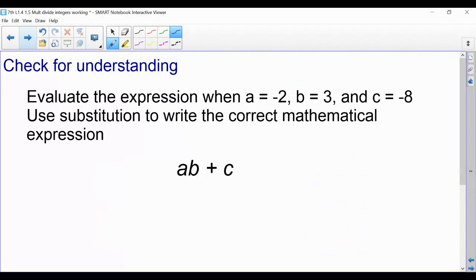Okay, here's some problems for you to try. First, you're going to write the correct mathematical expression, and then you'll get to a question that shows you the correct mathematical expression, but then you have to solve it.